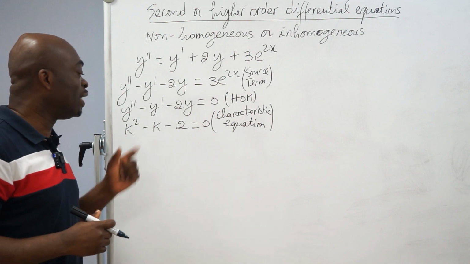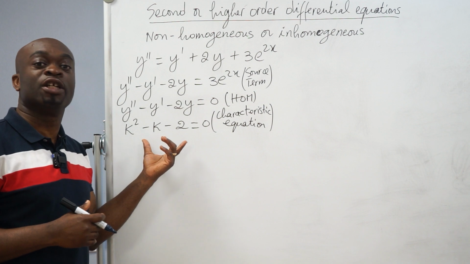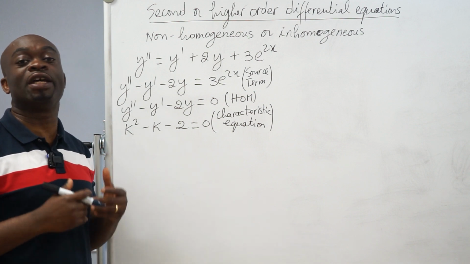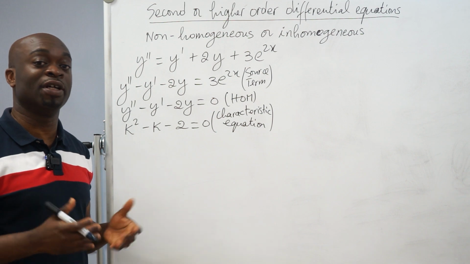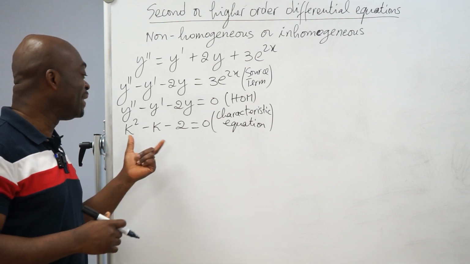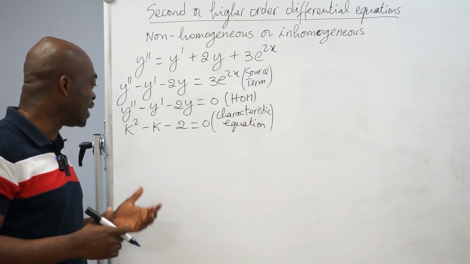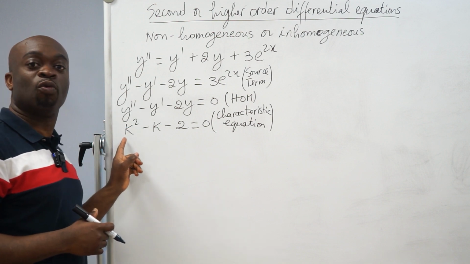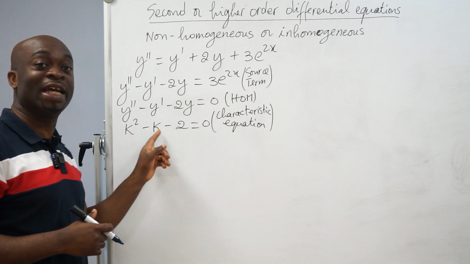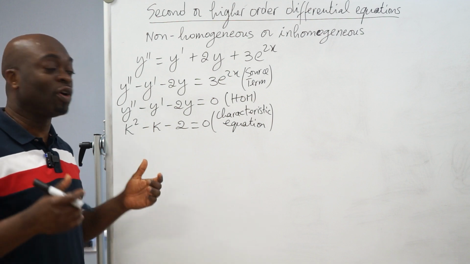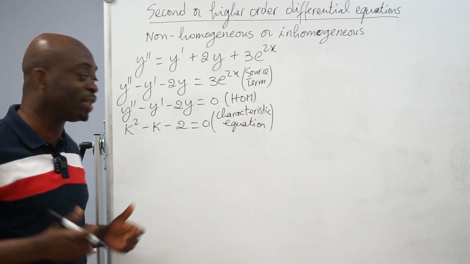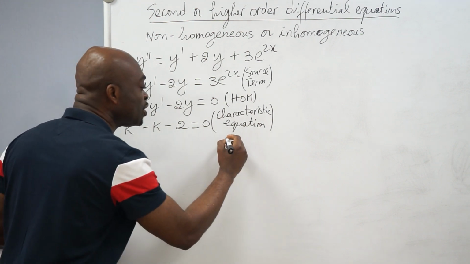All right? So now how do we solve this trinomial here? With a trinomial, we can factor it or we can use the quadratic formula if we deem so. But in this case, can we factor that? Yes. We have a trinomial, and then we have A, which is 1, B, which is -1, C, which is -2. So A times C is -2. So we're going to use the AC method. That means 1 times -2, which is -2.